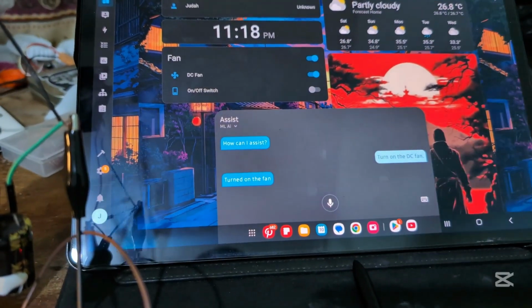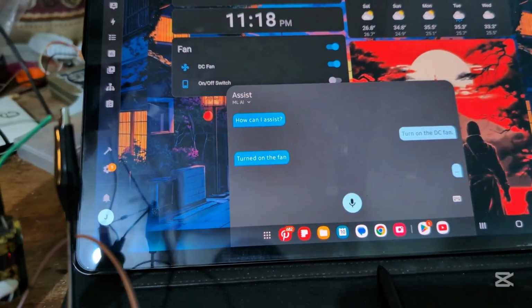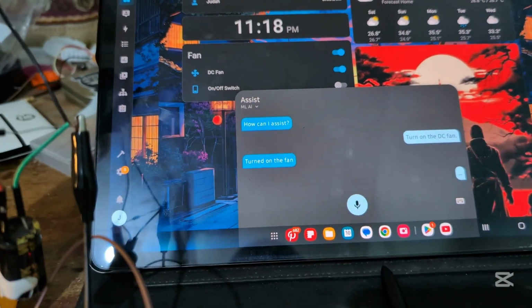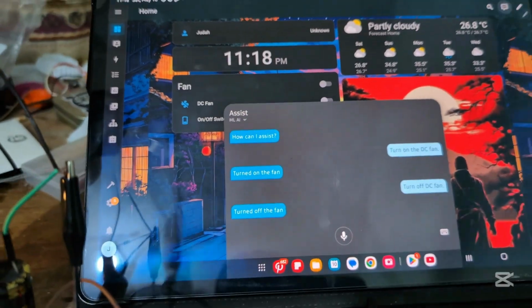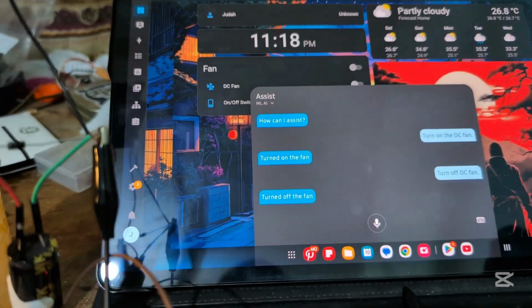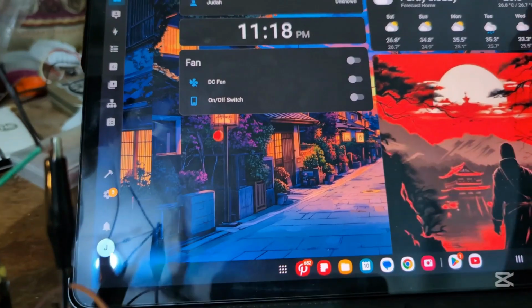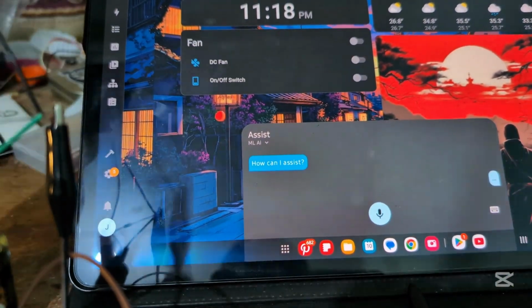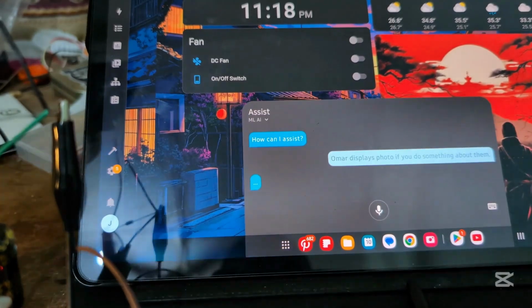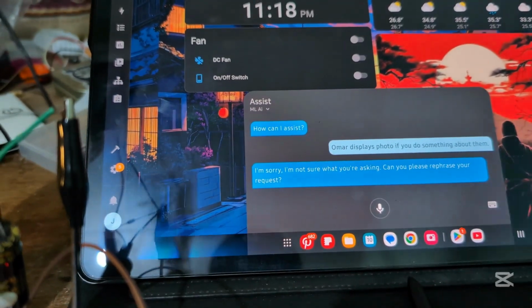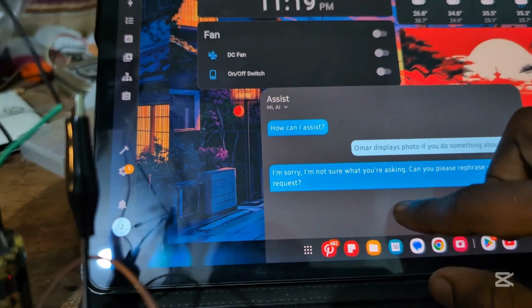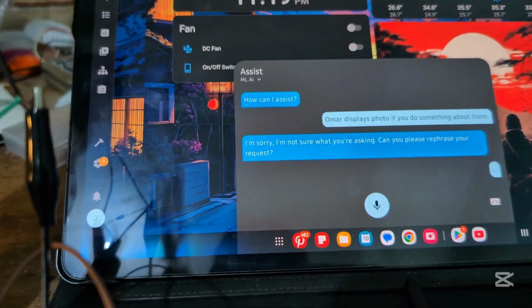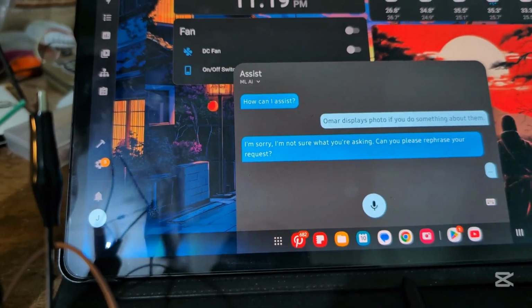Yeah, it runs normally. Turn off DC fan, and then it turned it off. Now Turn off the fan. you guys should look at something. Omo, this place hot too. If you do something about it didn't quite I'm get sorry. that. This place is hot. Can you do something about that?